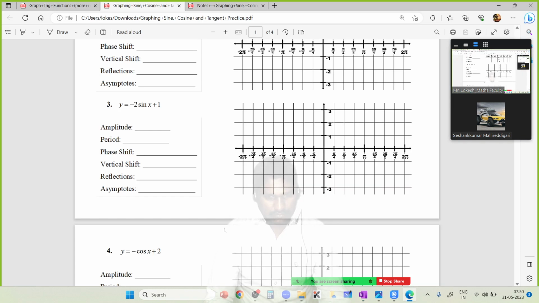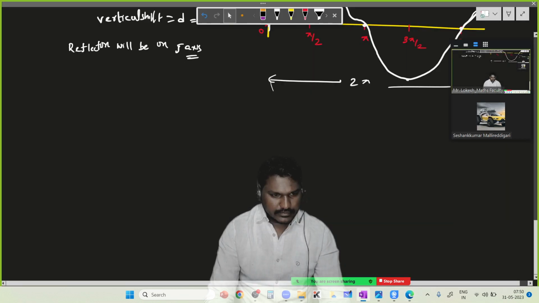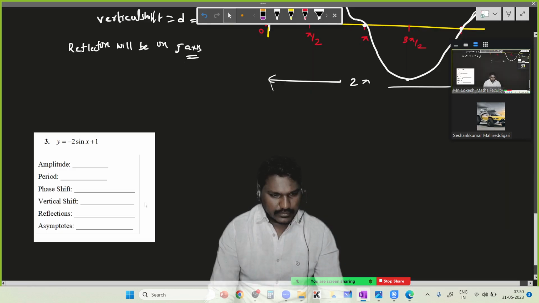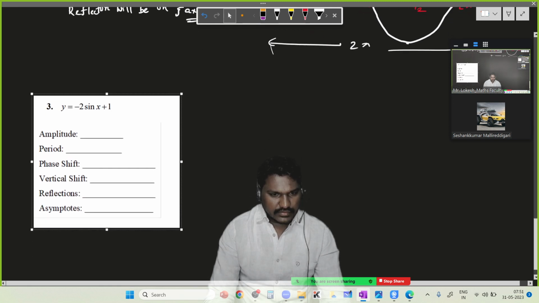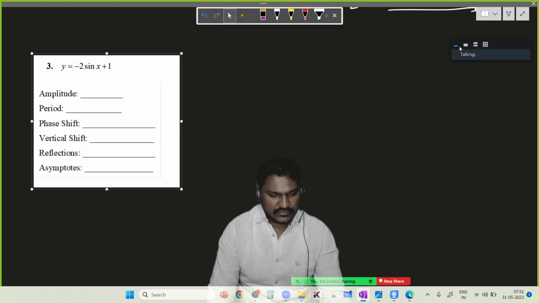It's not a graph. Okay. Yeah. So let me solve the graph also. You got the remaining values, amplitude, period, phase shift. Yeah. Okay, so we need to draw the graph. Let me draw the graph.